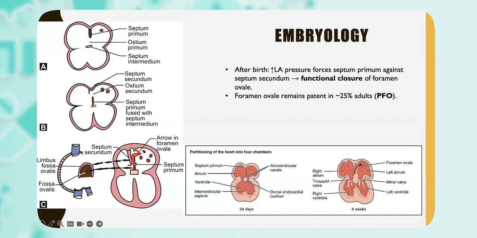During the fetal circulation, this part remains open and blood flows from the right to the left. After the child is born, the left-sided pressures increase and the septum primum is pushed onto the septum secundum, physiologically closing this flap valve, right?